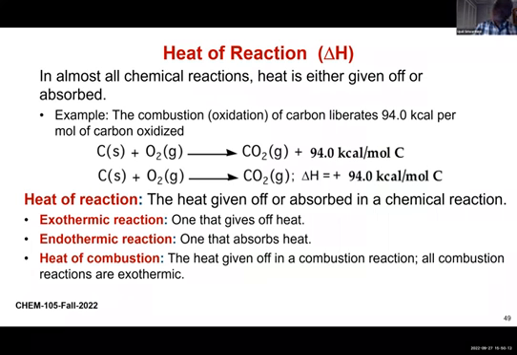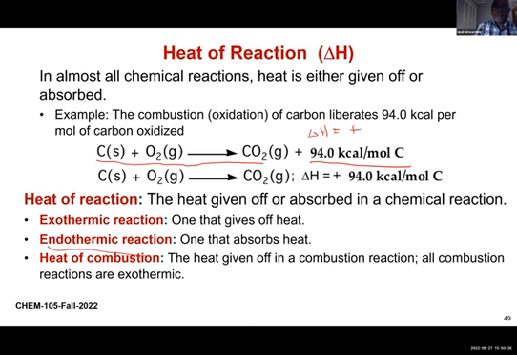This is the delta H for the carbon-oxygen reaction. This is positive, an endothermic reaction, one that absorbs heat. Positive means absorption.